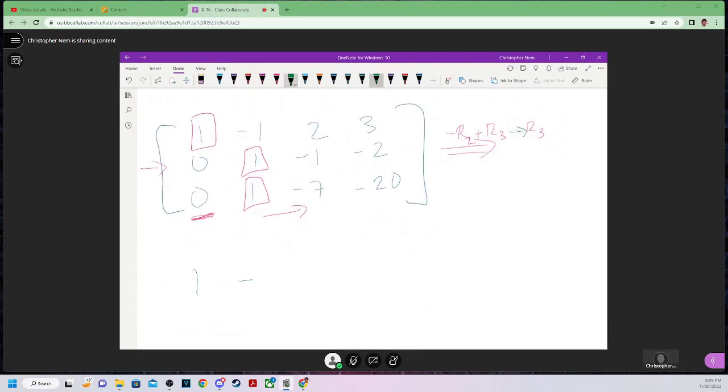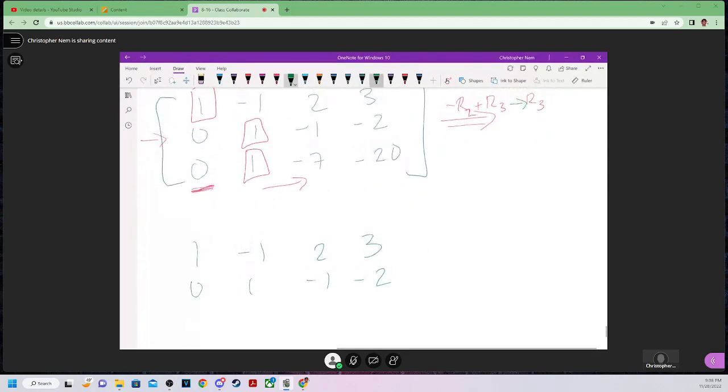I get 1, negative 1, 2, 3, 0, 1, negative 1, negative 2. The third row is the one that changes, turns to 0, 0. And then now I have to do some mental math real quick. 1 plus negative 7, that is negative 6. Negative 20 plus 2, so that's negative 18.